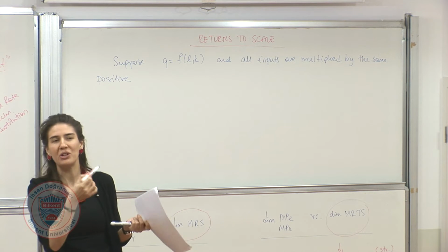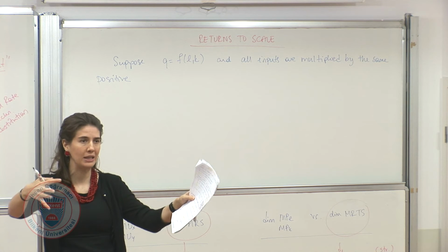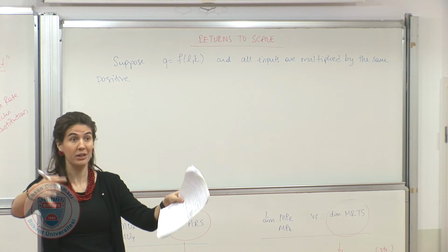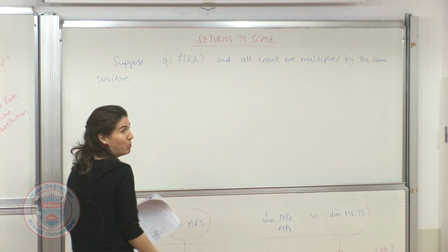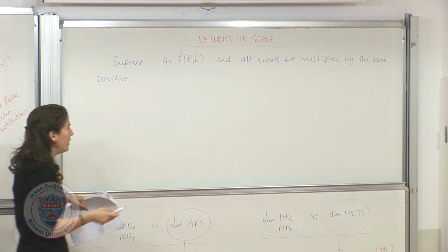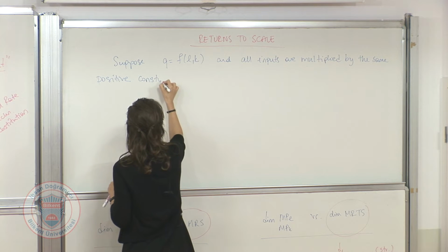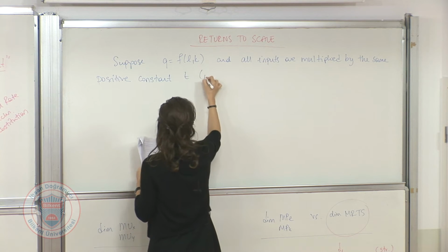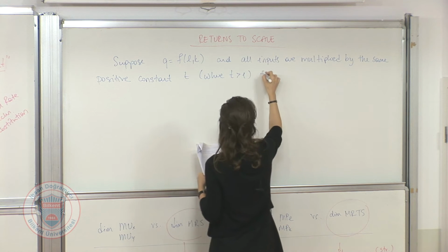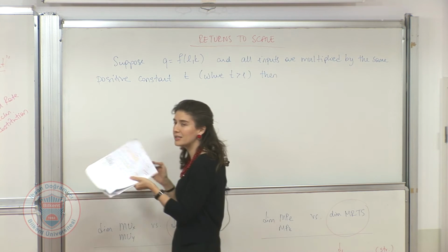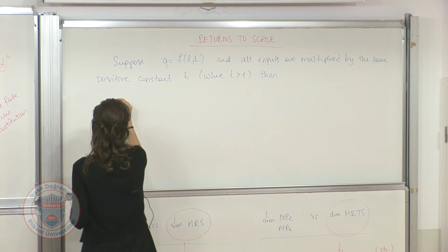This is a special concept where you would literally open up a very similar factory at some other place, just doubling your factories, let's say. So multiply by the same positive constant t, where t is greater than 1. I'll ask you why I need this. Whenever there's a condition in math, there's always a reason, so always keep this in mind.